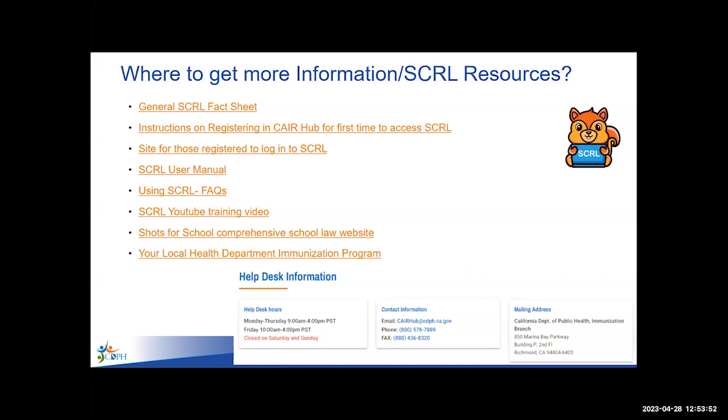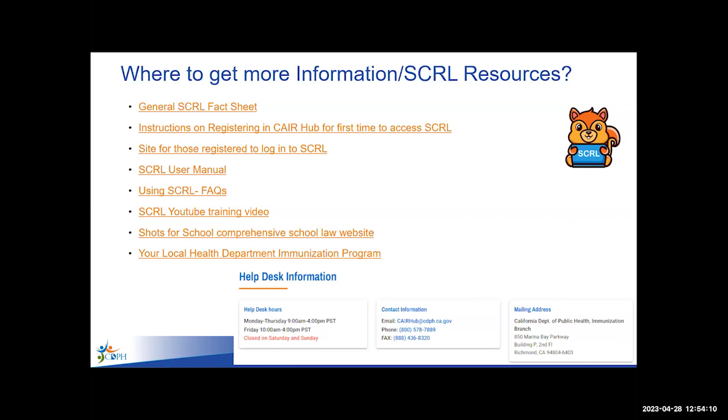So do check out these resources, and please remember that you should go to your local health department first if there are questions related to school immunization law. These links will also be shared with all the participants in a follow-up email as well.